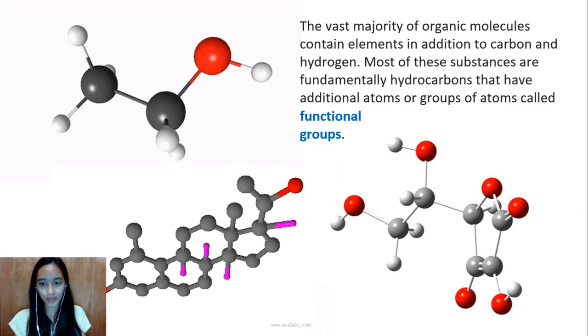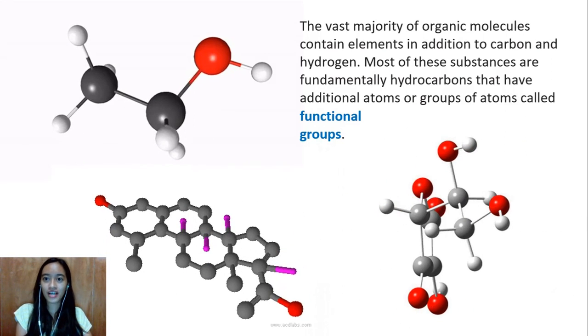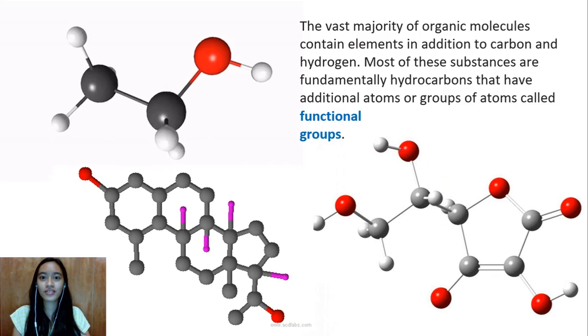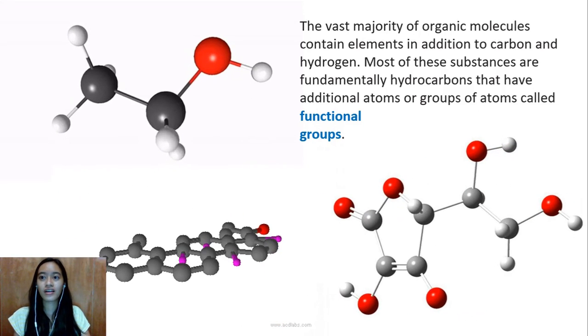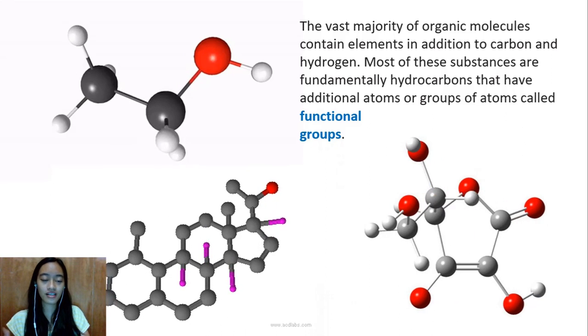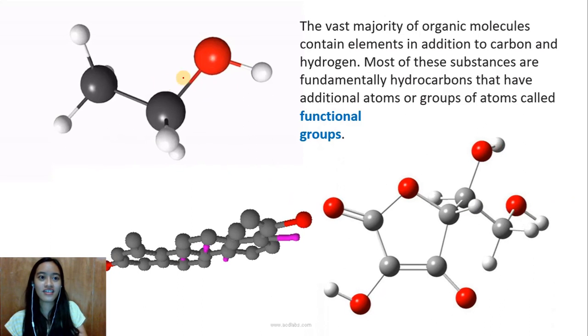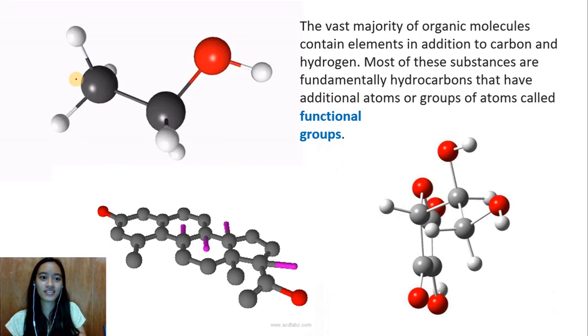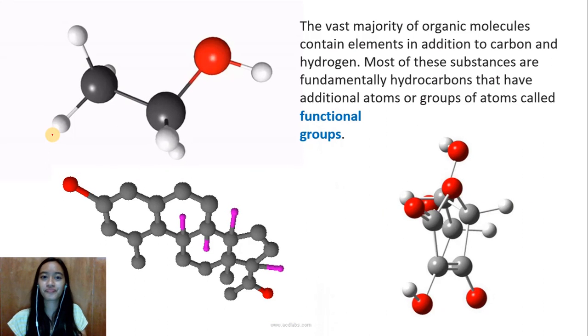Okay, so observe these molecular structures. The vast majority of organic molecules contain elements in addition to carbon and hydrogen. By the way, the red one, this is oxygen, and the gray ones, these are carbon, and the white ones, these are hydrogens.